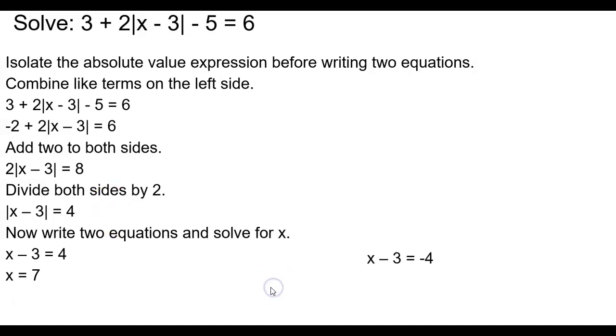For my other equation, remember we set the inside of the absolute value bars equal to the negative value. So x minus 3 equals -4. Again, I add 3 to both sides, and I end up with x equals -1. So I have 2 answers, both of which will make that equation true. You can always go back, substitute those x values into your original equation, and check.